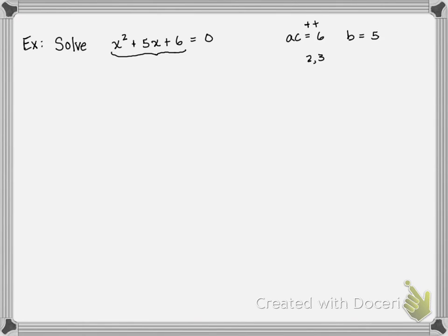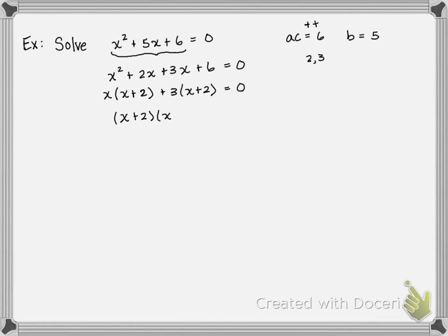So I've got x squared plus 2x plus 3x plus 6 equals 0. Factor out my x. Factor out a 3. And we get (x plus 2) times (x plus 3) equals 0.